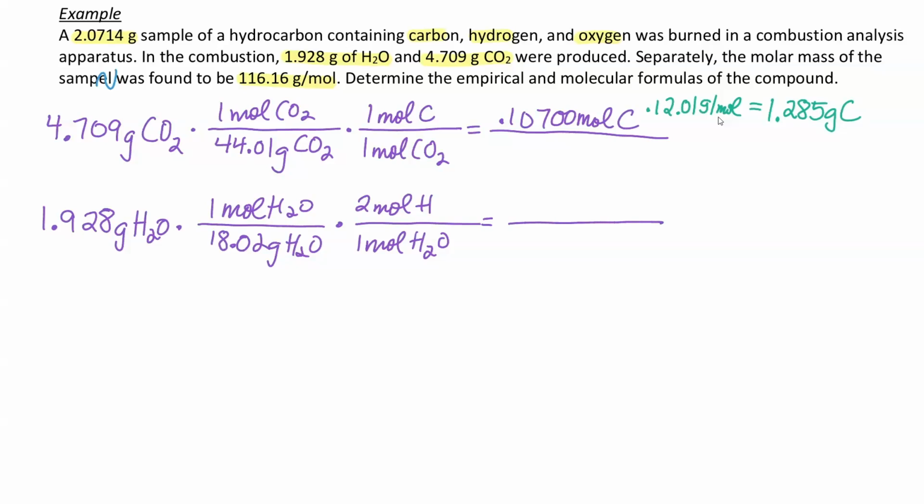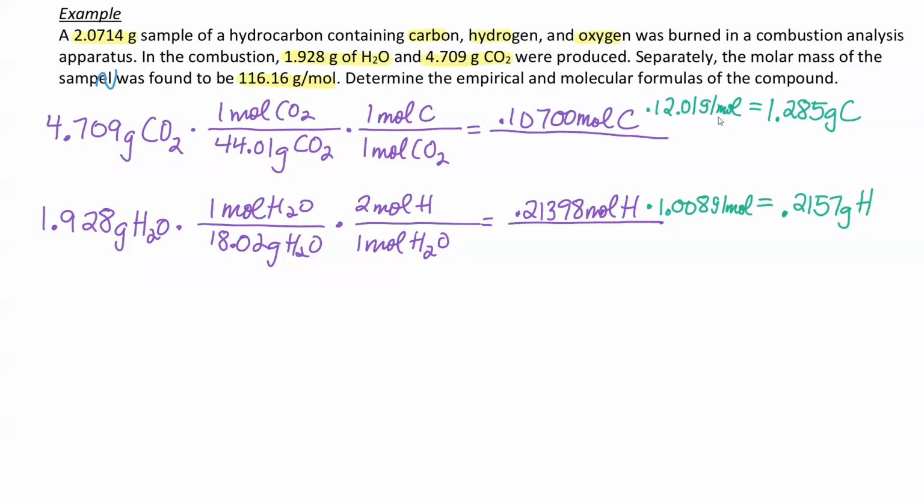Same thing here as to how I like to set this up for myself. I get 0.21398 moles of hydrogen. And then if I go to molar mass, 1.008 grams per mole, pretty tiny, 0.2157 grams of hydrogen.